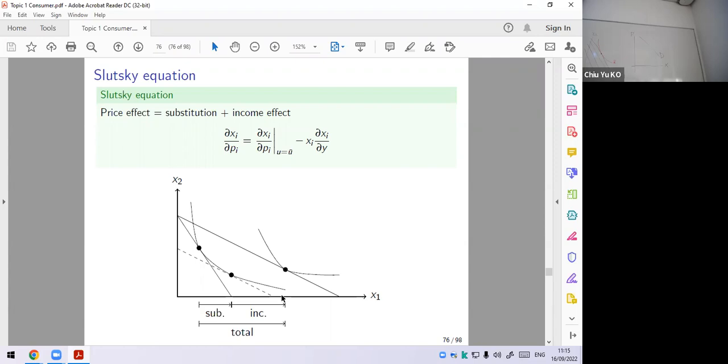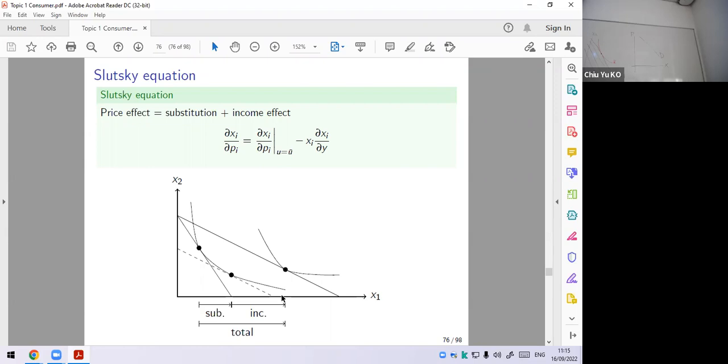Okay, you can do a hypothetical middle step. What we're doing is we draw parallel lines of the budget line, move down a bit or move up, depends on scenario. Okay, move up and down, and keep this utility constant. Okay, keep the original budget. You move it until you see a tangent. Okay, and from original bundle to this middle bundle, we call this substitution effect.